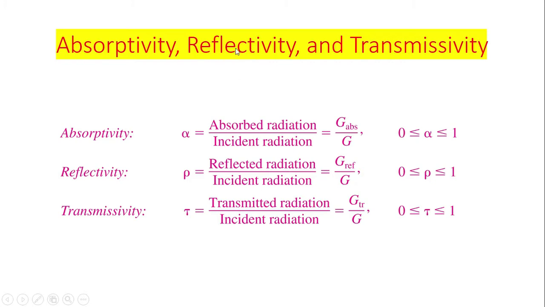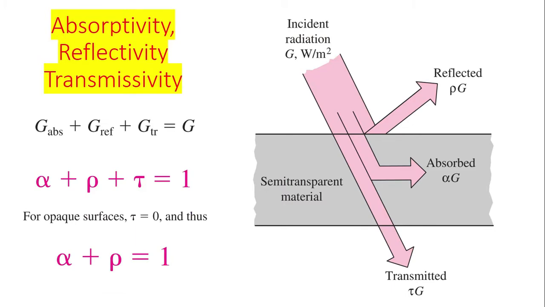Consider this is a particular surface, and the incident radiation is falling on this surface, so we simply say that this is irradiation, and this is called the radiation flux. It is represented by G, and it can be understood by this diagram. I will come to this diagram later.